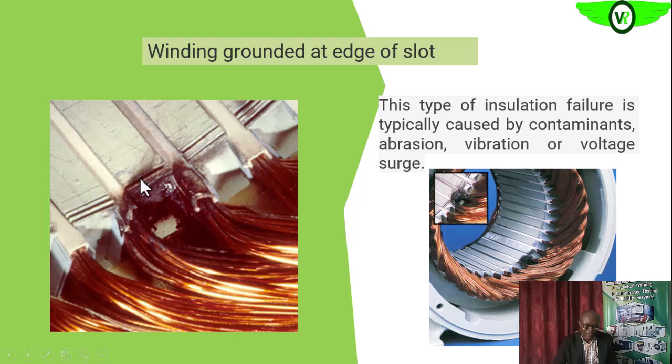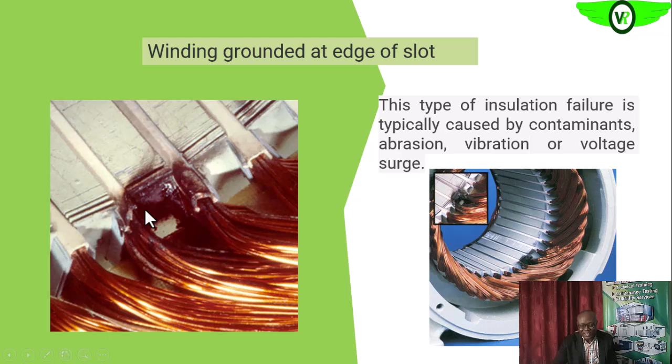But when we have things like voltage surge, contaminants, vibration, or anything that can compromise the insulating capacity of the insulating paper, that can cause grounding at the slot and at the slot edge, and that is what will result in this kind of blast.